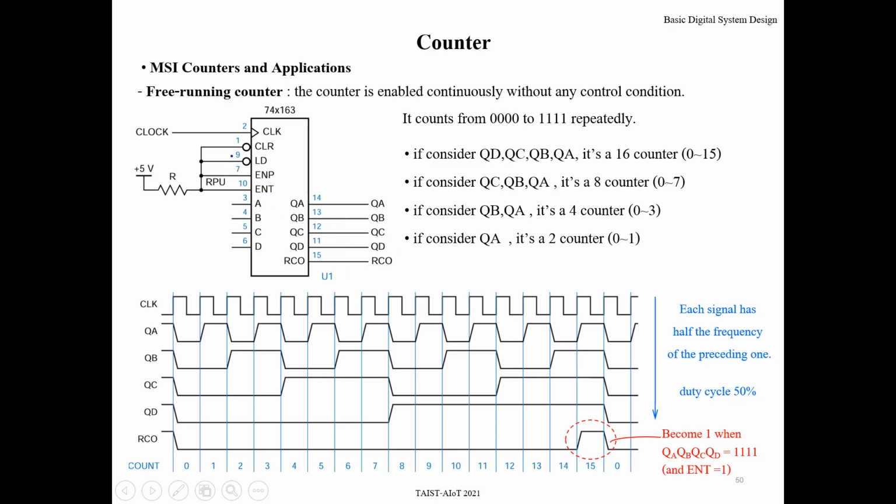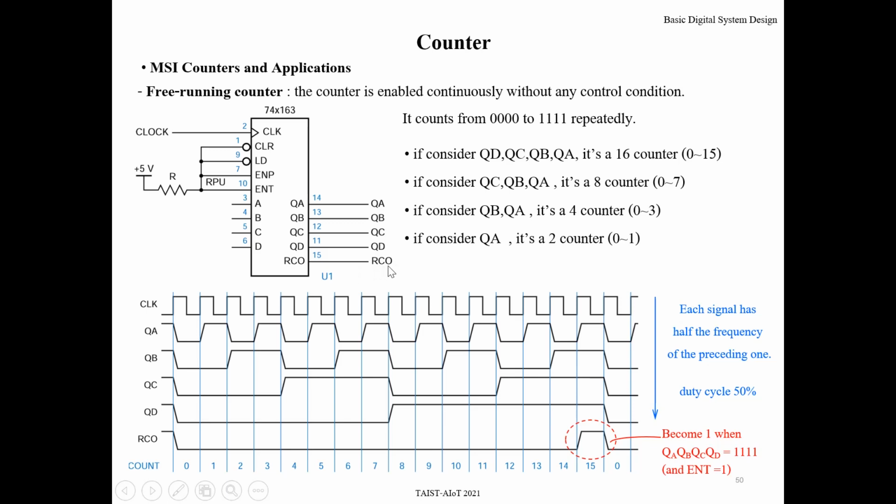How to connect it? Don't clear, so connect the active low input to high, logic 1. And enable P and enable T must both be high. Then wait for the clock tick, and you update for every clock tick, and the result is something like this.